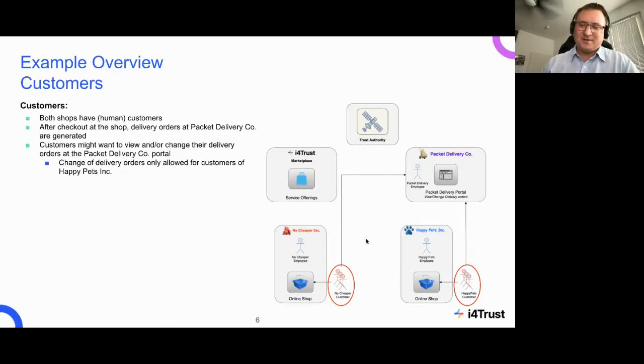After the acquisition of the offering, the human customers, after they had checked out at the shop and there were already some existing delivery orders, were able to access them on the portal application of the packet delivery company and maybe even change certain attributes.